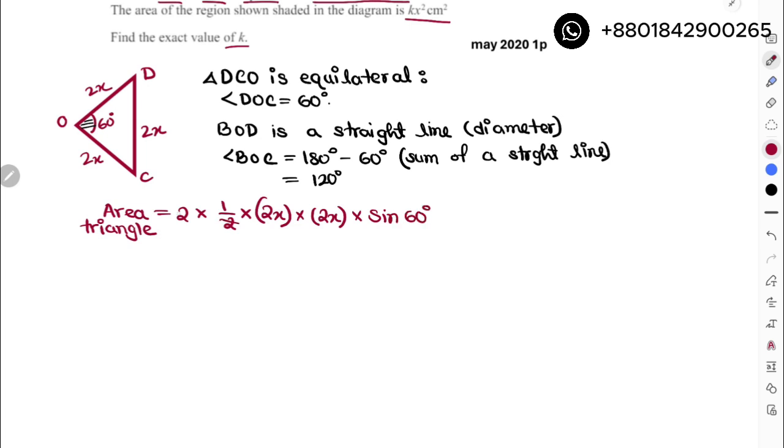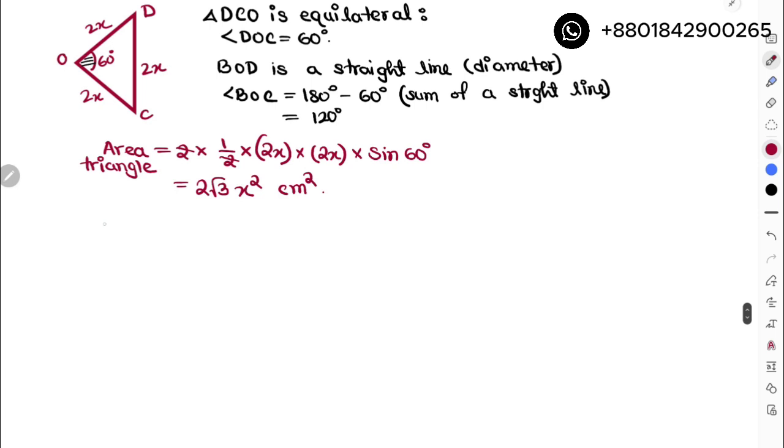So in that reference, 2 and 2 is going to leave you with 4. And sine 60 is actually root 3 over 2, and that is multiplied with 2. Leaves you with 2 root 3 x square centimeter square.